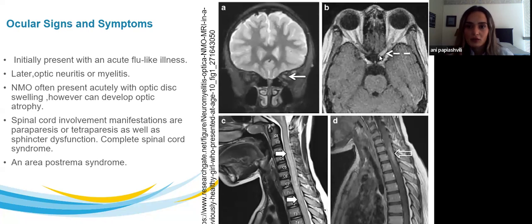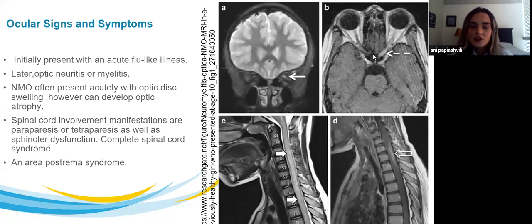And I think I have a picture of neuromyelitis optica which affects the chiasma also, and I will show it to you. Rather than this, what are the ocular signs and symptoms for neuromyelitis optica? Sometimes patients will have optic disc swelling, and they can also develop optic atrophy.